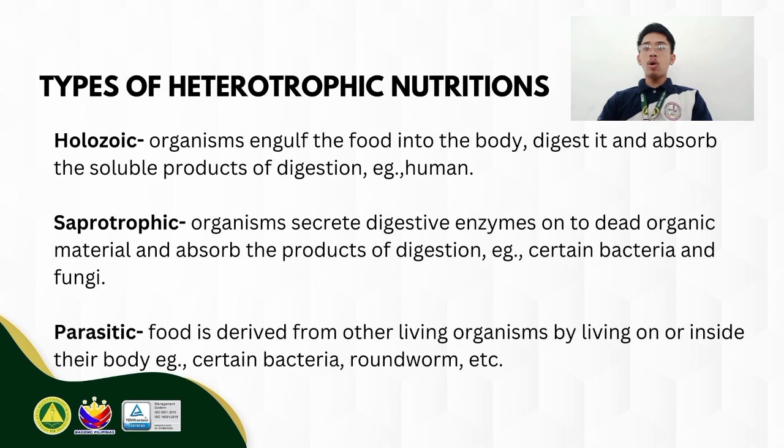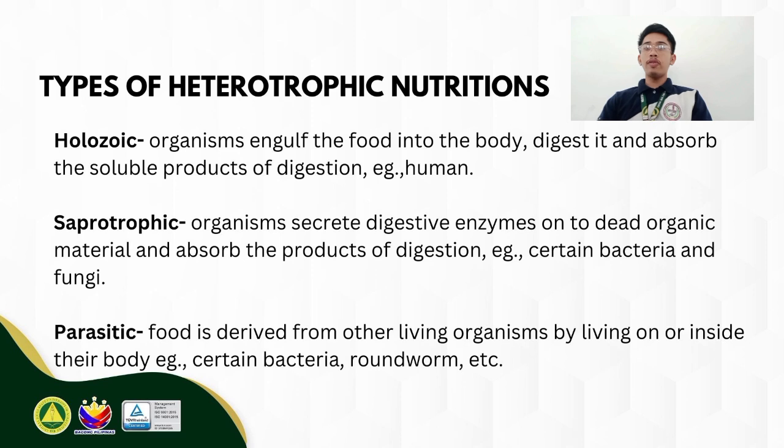Types of heterotrophic nutrition. Heterotrophic nutrition comes in three types. First, we have the holozoic, where organisms engulf the food into the body, digest it, and absorb the cellular products of digestion. For example, humans. The second type is the saprotrophic.